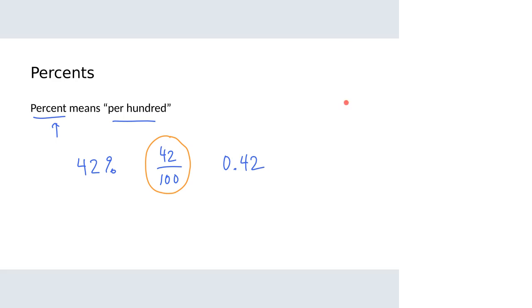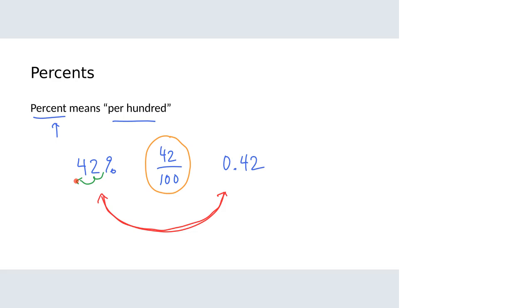And then something that's going to be really common for us to do in solving problems is going back and forth between percents and decimals. You can just use this sort of image as a way to remember how to go back and forth between percents and decimals. If you have a percent, you could turn it into a fraction and then turn that into a decimal. Or what a lot of you will probably do is, if I'm here at 42% and I want to turn that into a decimal, I need to move the decimal 2 places to the left.